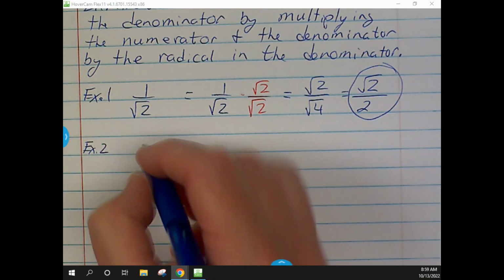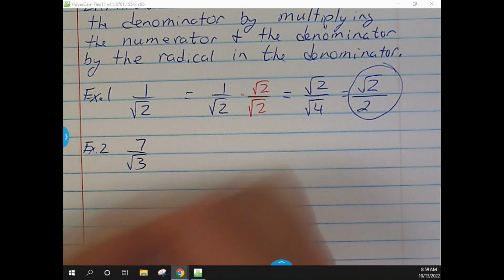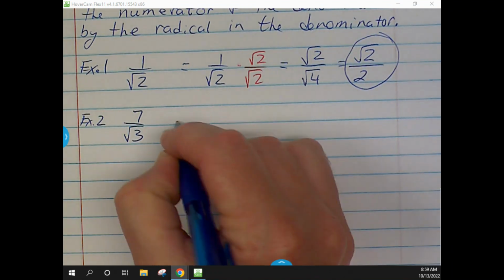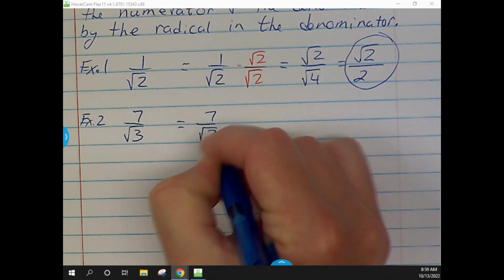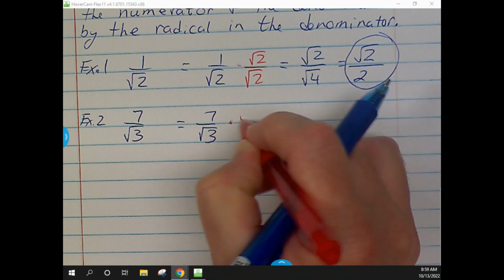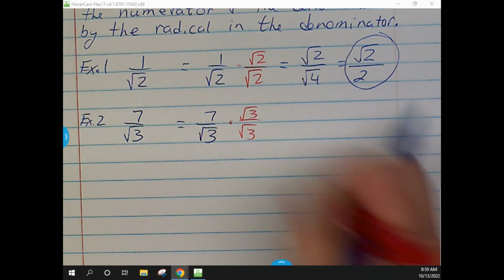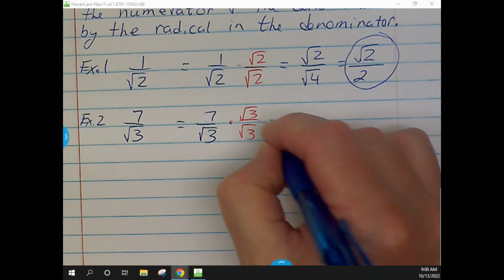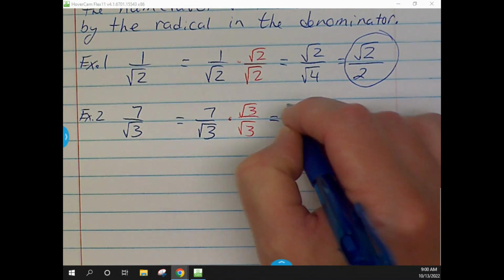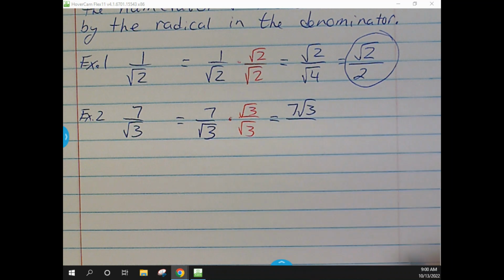Okay, so for this one, let's change up the numbers a little bit. Let's say it's 7 over the square root of 3. Again, we're going to multiply by the radical that's in the denominator, and then work out what we can do here. So we've got 7 times the square root of 3 on the top. That's just going to stay 7 square root of 3.